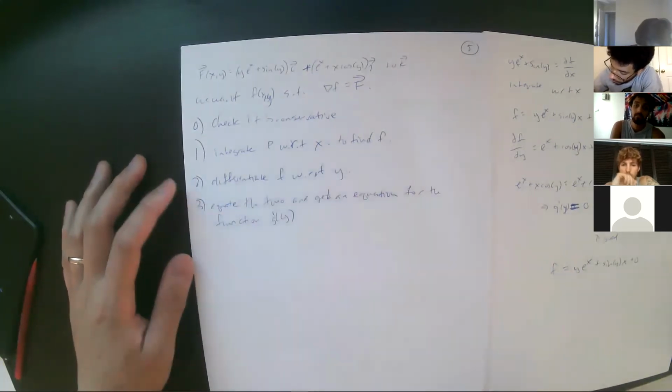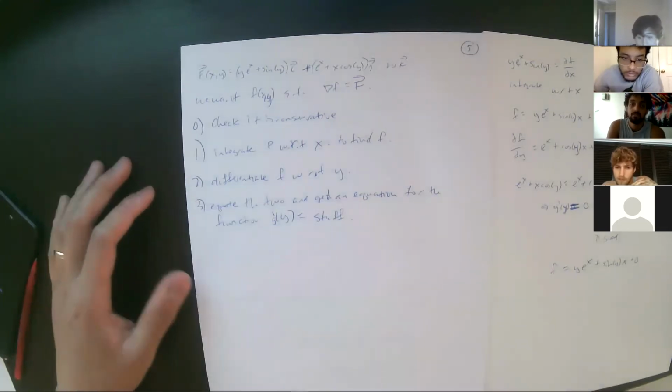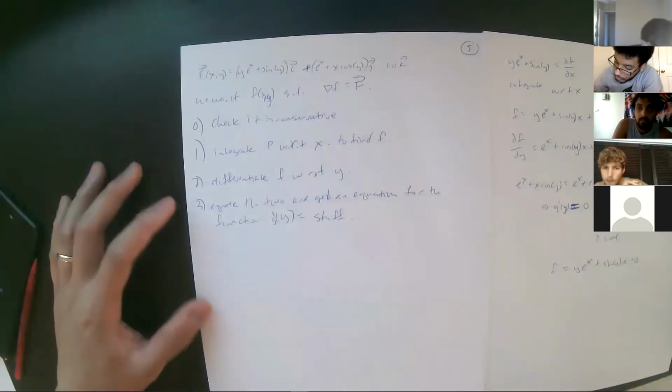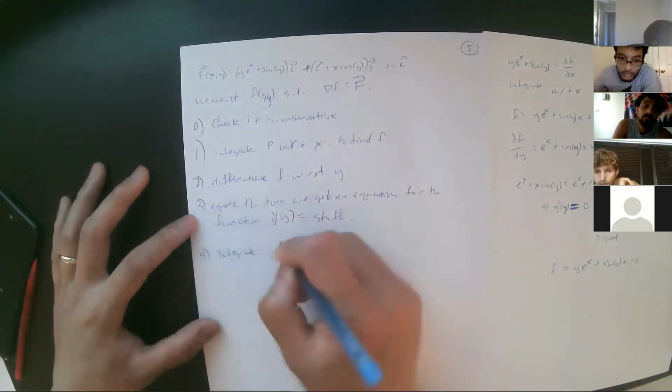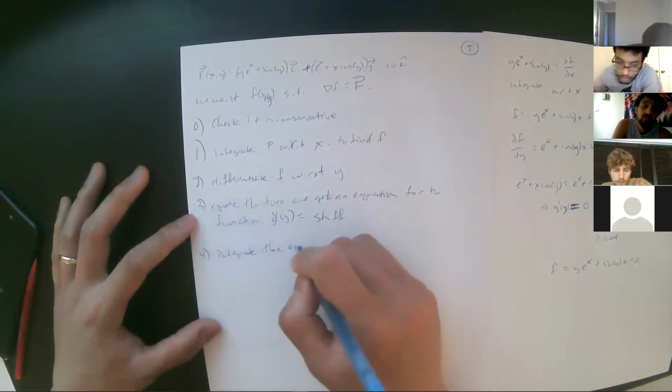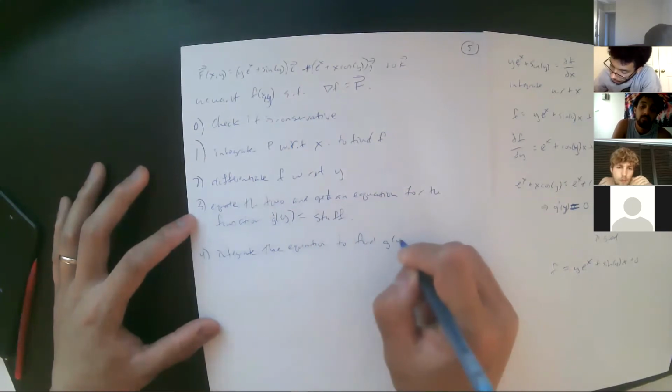Sorry, g prime of y equals stuff. Five, integrate the equation to find g of y.